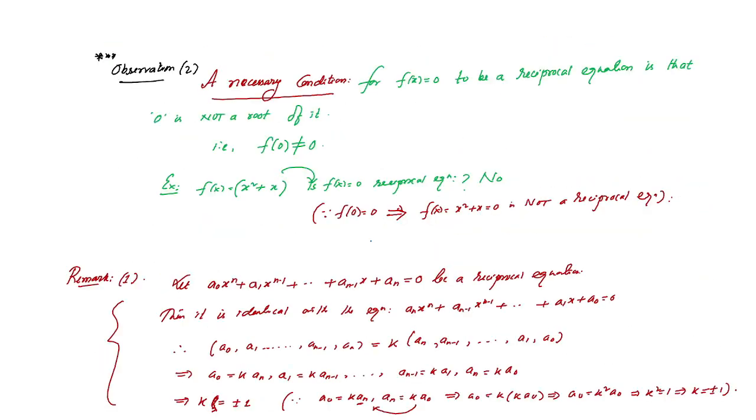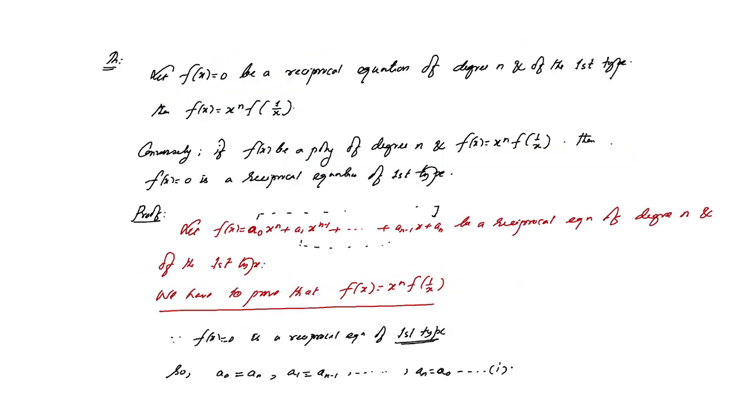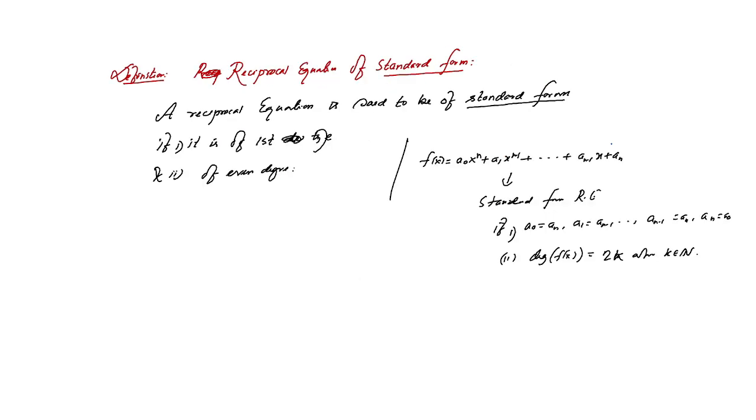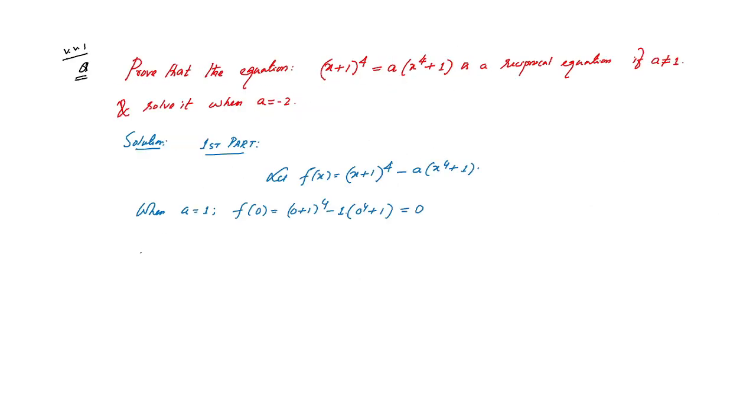This is our observation. The necessary condition for f(x) equals 0 to be a reciprocal equation is that 0 is not a root, so that means f(0) is non-zero. If f(0) equals 0, from that we conclude f(x) equals 0 is not a reciprocal equation. So that we will do here in this problem.